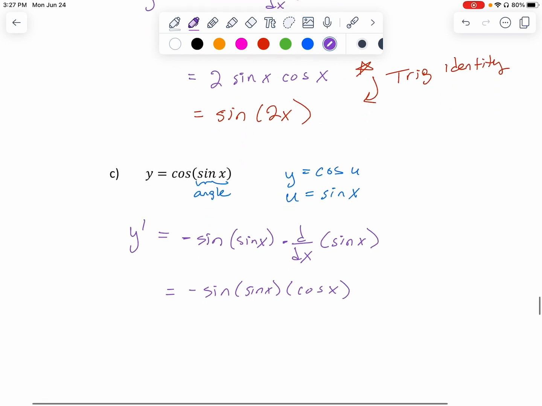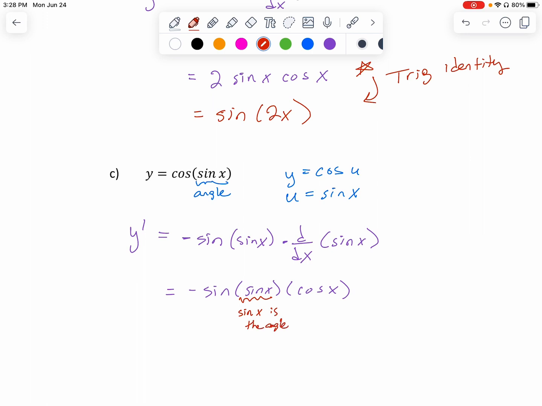Okay, so now it looks tempting to kind of square this because it looks like sine times sine, but it's not. Remember, this is the angle, so this is not multiplication. This sine x is the input of this sine. So sine x is the input, is the angle.